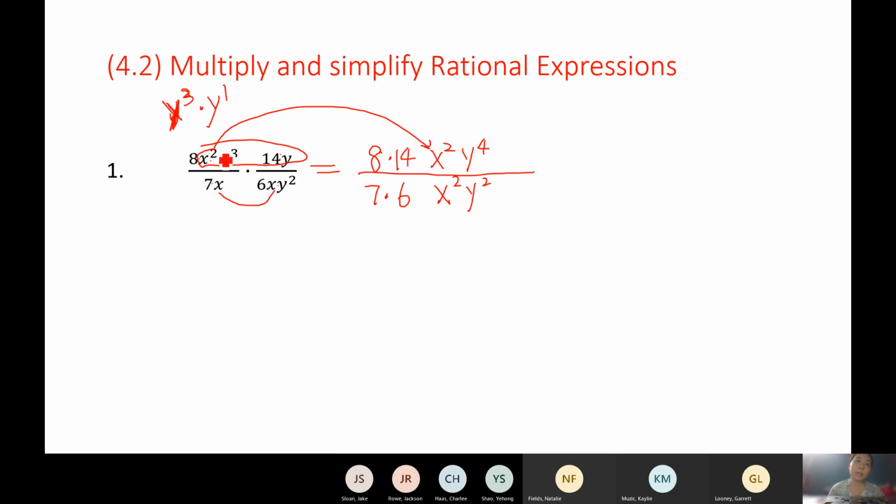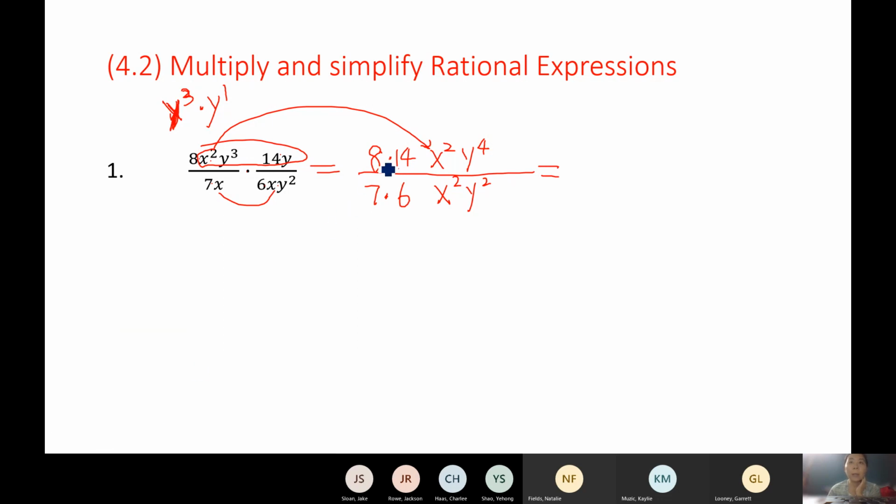Yes, you can just cross out x's and y's directly from the original problem, but sometimes you may make mistakes. So I would recommend that you multiply all the x's together and y's, from the top and from the bottom. After that, we can reduce.